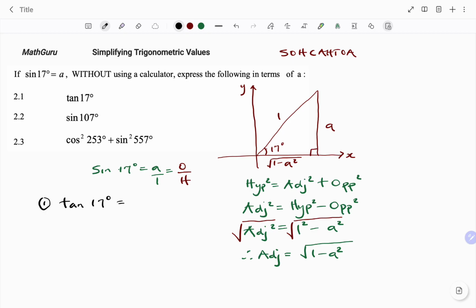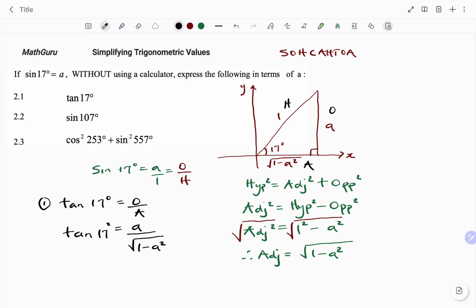Using the acronym for the trig ratios, tan is opposite over adjacent. The side facing the angle is my opposite, O, the longest side is my hypotenuse, H, and the last side is my adjacent. So tan 17 degrees will be opposite, that's A, over the adjacent, that's root of 1 minus A squared.